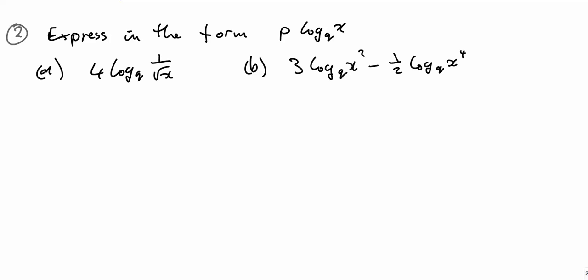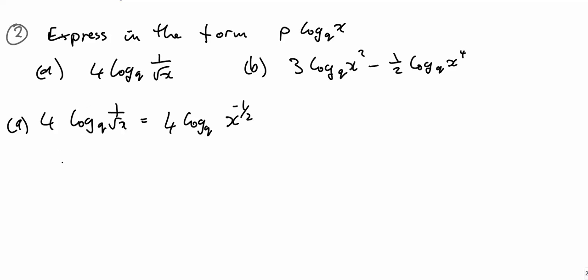These two expressions, this is part A, 4 log 1 over root x to base q. Well, of course, 1 over the square root of x we could write as x to the power of minus a half.